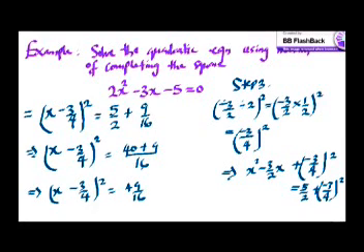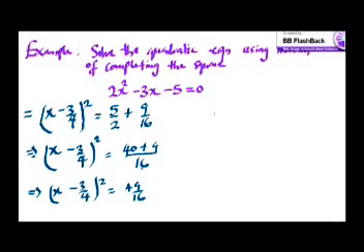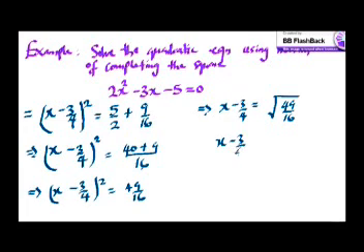Alright, I'll just wipe here off again and proceed. We will now have x minus 3 over 4 is equal to square root of 49 over 16, and that will become x minus 3 over 4.